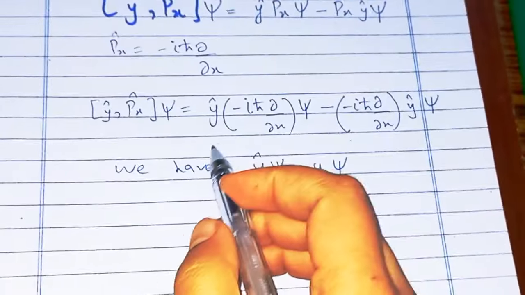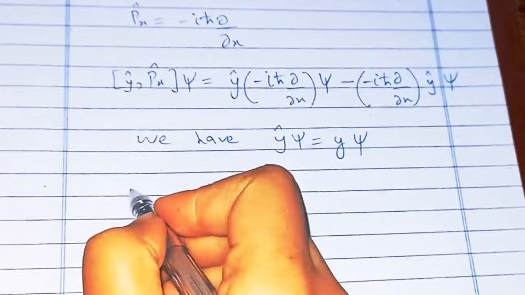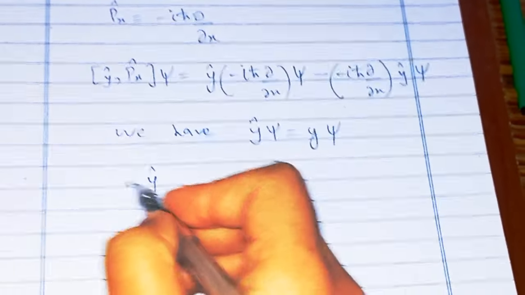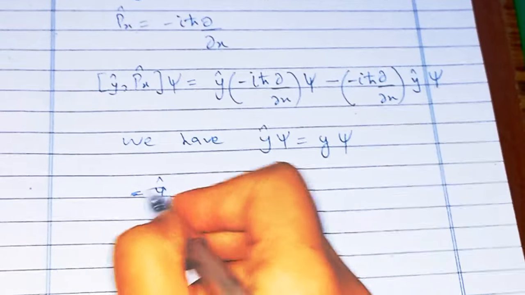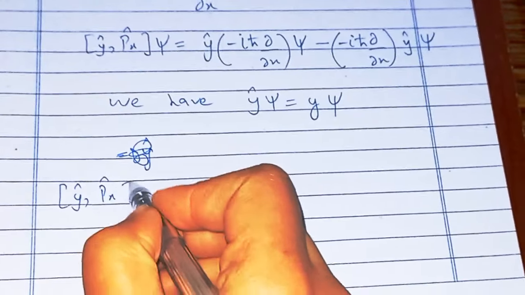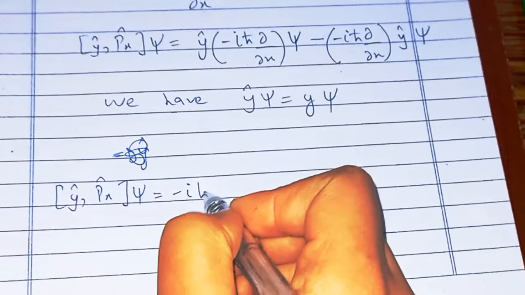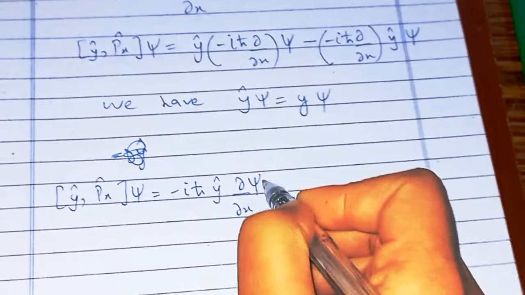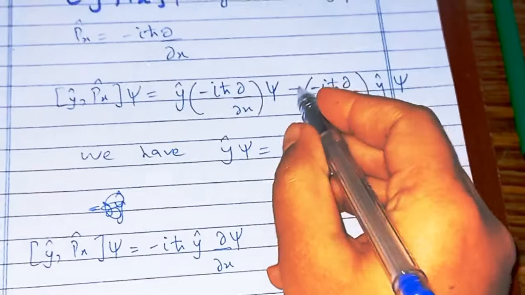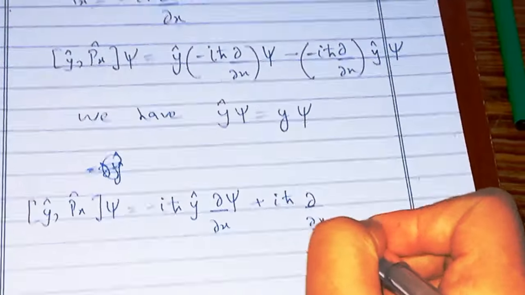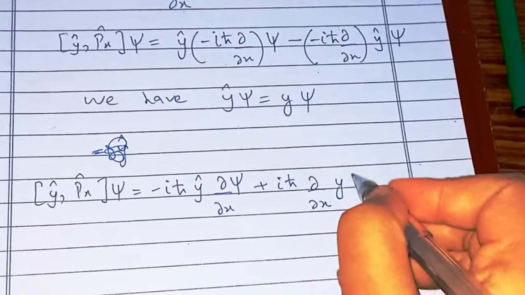The minus iota h cut can be written outside: minus iota h cut, y operator applied on partial psi by partial x, plus iota h cut partial by partial x of y times psi.